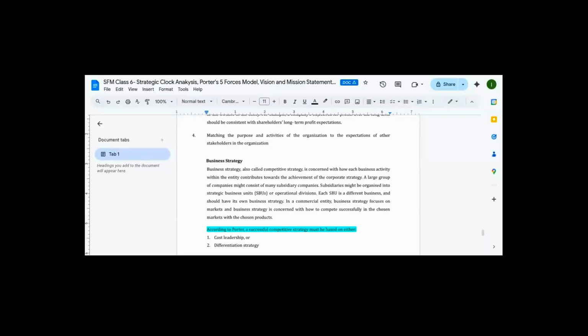So the major priority in the business level strategy is that we want to see that each SBU, the SBU means strategic business unit, contributes immensely towards the achievement of the company goals in the industry.